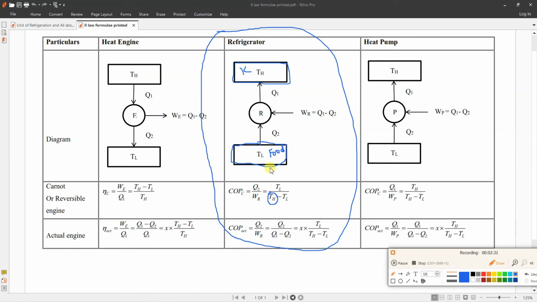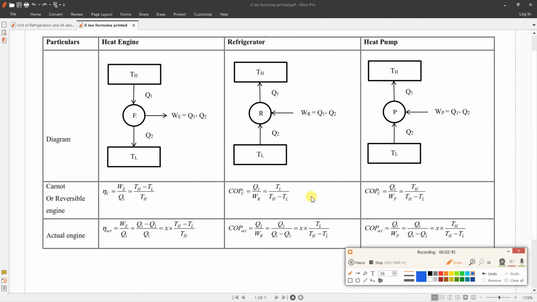Now the second concept we will see. Suppose in the second example we are considering the same thing again, and we are fixing the season. Suppose we are considering summer season.